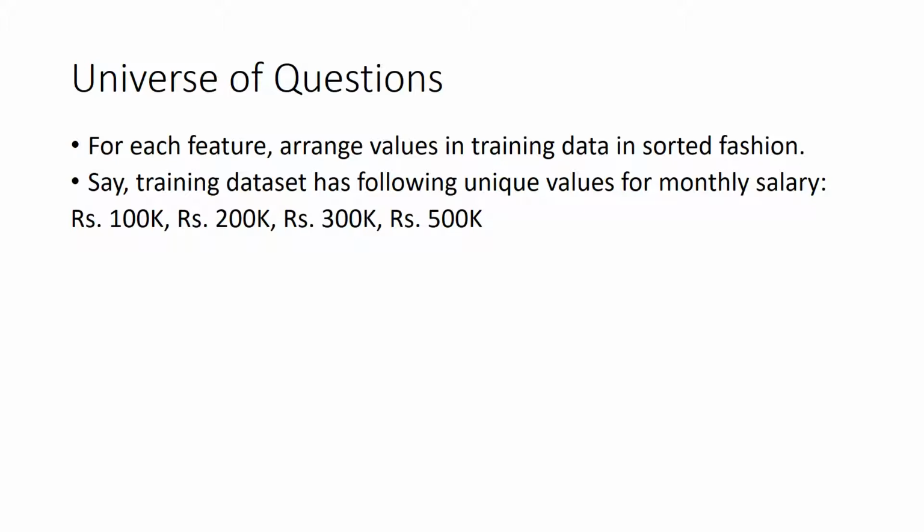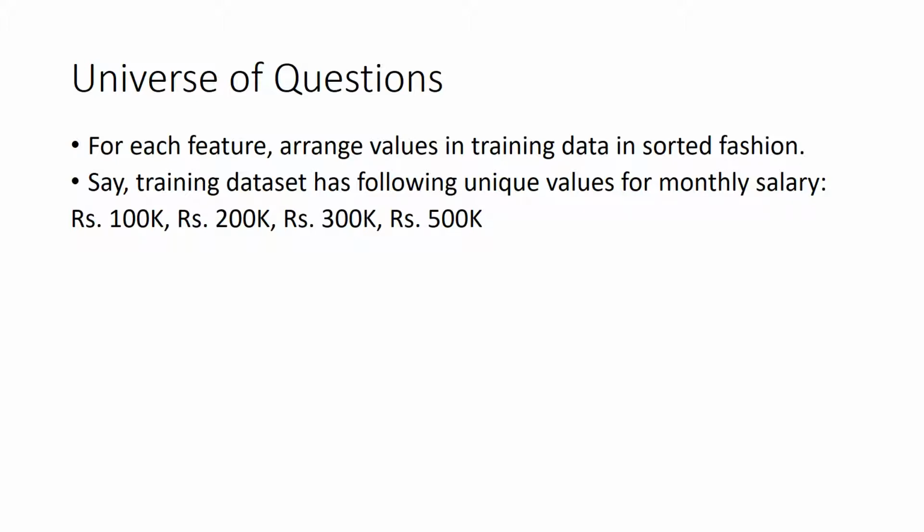You can split it into anything less than or equal to 100K, anything between 100 and 200K, between 200 and 300K, between 300 and 500K, and anything above 500K. The last one is pretty obvious: anything that does not fall into any of the previous splits is obviously going to fall into the latter.